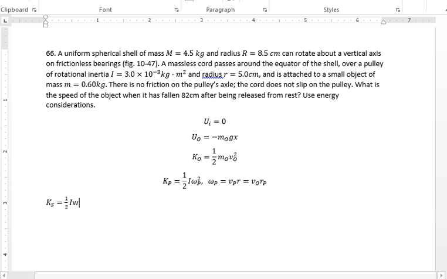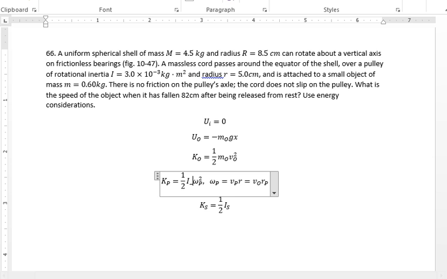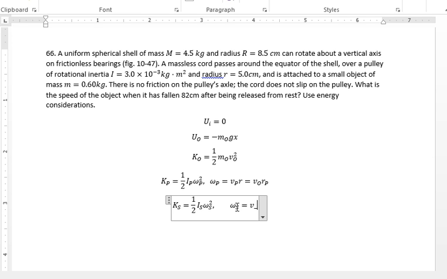And here we have I of the sphere, omega of the sphere squared. Omega of the sphere equals the tangential velocity of the sphere over the radius of the sphere.